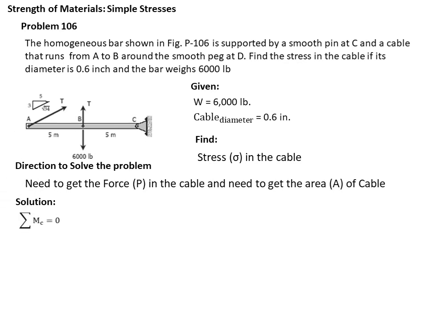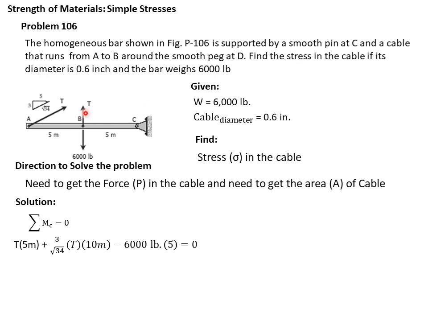Okay, so let's do the summation moment at C, this one, it is equal to 0. Let's consider that clockwise moment is positive and counterclockwise moment is negative. So let's do a moment at point C.